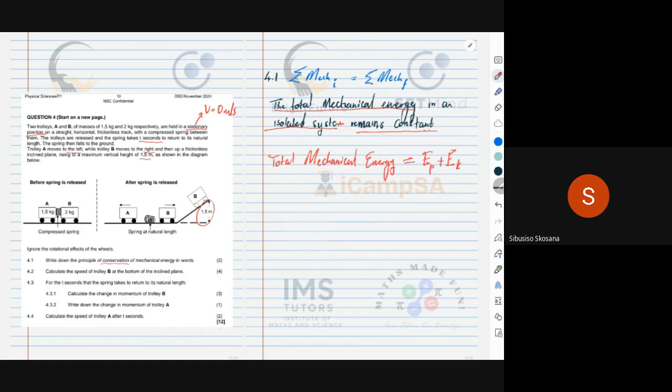That is your mechanical energy. So in this case you're going to have EP plus EK at the initial point, equals EP plus EK at the final point. So this is your mechanical energy.